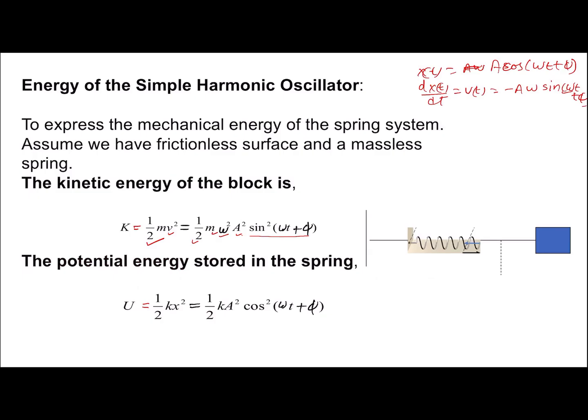And what is the potential energy in this case? Half is half, m is m, and v is simply this term; if you square it, you will get this whole term. Then the potential energy is half kx squared, so half k times x, which is a cosine of omega t plus phi, squared. Let's add these two terms.